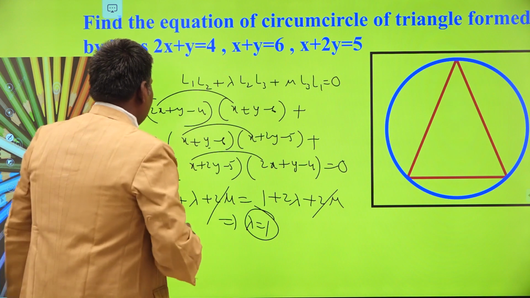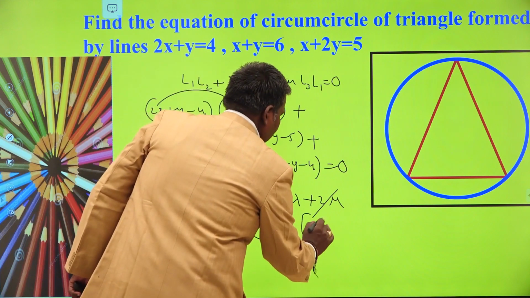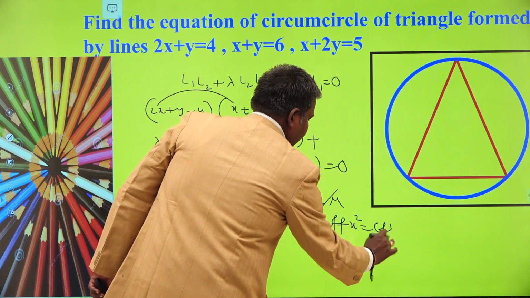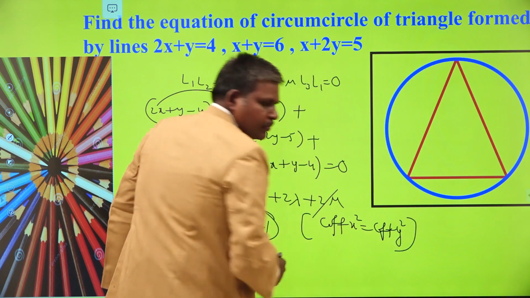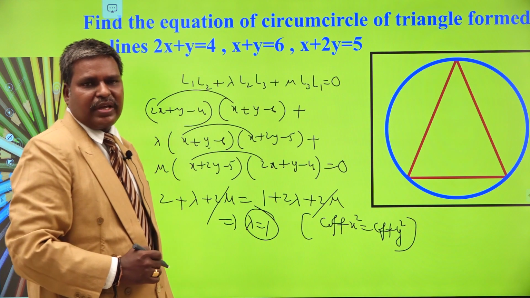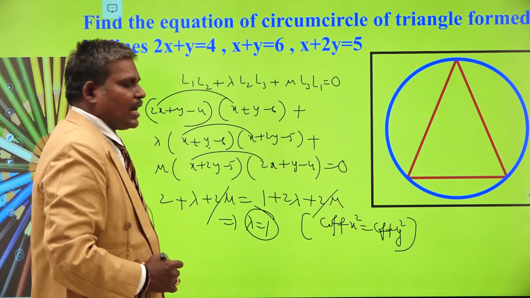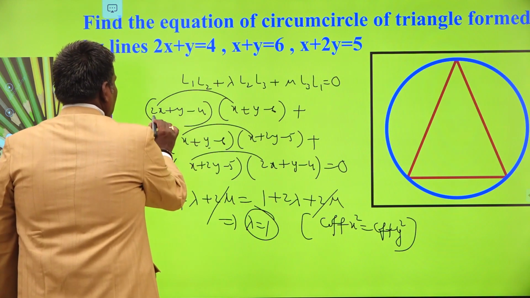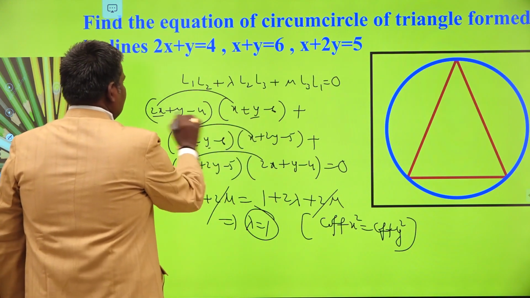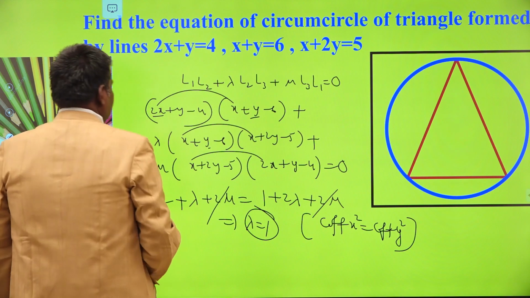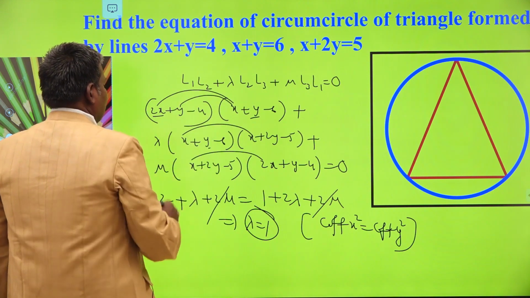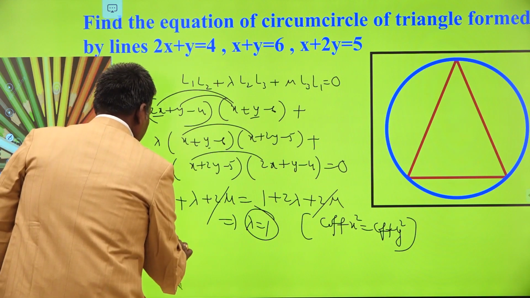Now coefficient of xy equal to 0. This is obtained by coefficient of x square equal to coefficient of y square, we obtain lambda is equal to 1. Now how to obtain the xy coefficient? 2x into y, that is 2xy. So 2 is the xy coefficient. X into y, xy, that is plus 1.